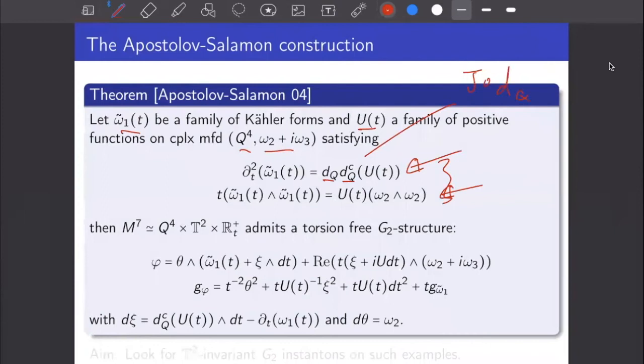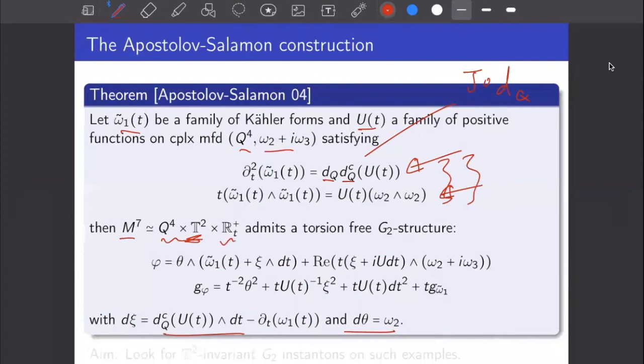Okay. If you can solve this pair of PDEs, then you can define a 7-manifold M7 to be, well, locally a T2 bundle over our complex manifold Q4, and you can cross that with essentially an interval. Now this T2 bundle is determined by the following curvature condition here.